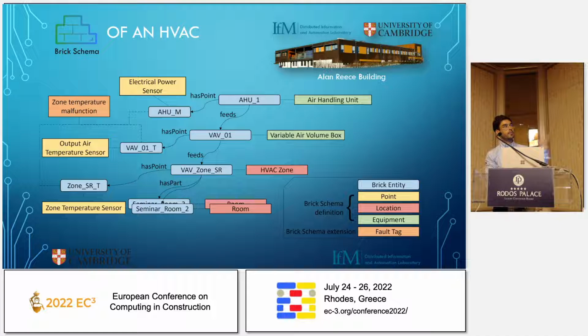Now, we're going to present the case study based on our building, the Alan Reece building in the West Cambridge campus. And the case study talks about a fault detection and diagnosis tool that our facility manager was interested in. We're just using this to explain a little bit how the HVAC system works, which is the goal of this FDD application.